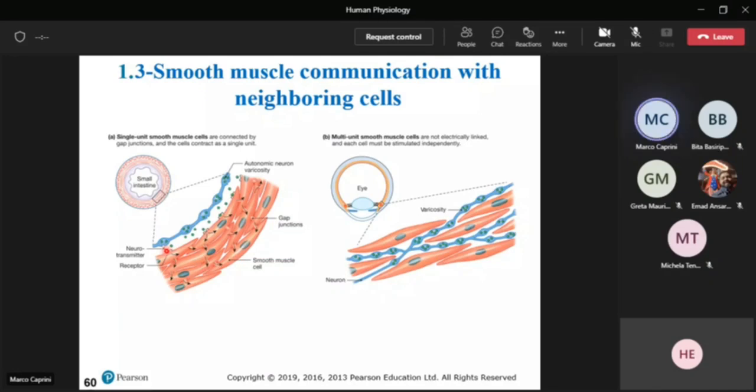So even the more far away smooth muscle cell can be contracted. Why? Because they are connected by gap junctions, and current inside of the cell can reach all the cells around the smooth muscle.